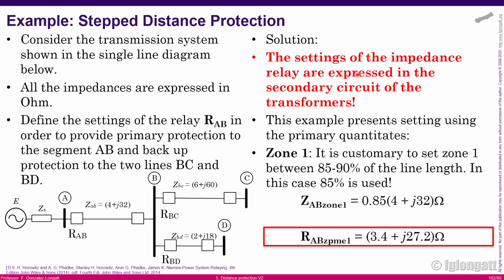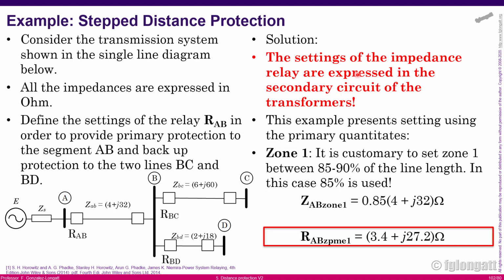Of course, you need to put the data of the transformers inside the relay, but that is another story. You will see something like that hopefully in my practical classes with the real relays. That is included in the practical session, not covered in this module. Now let's work here.